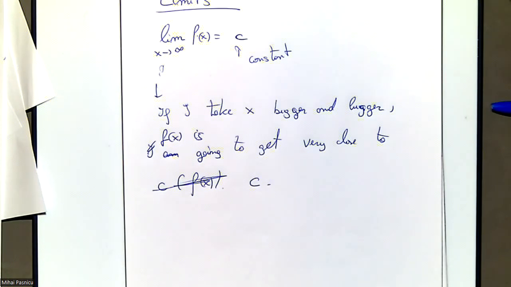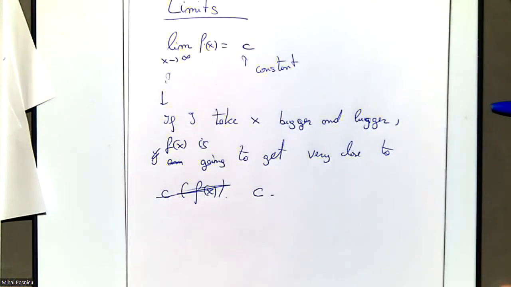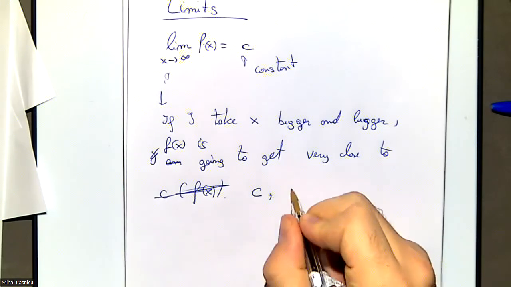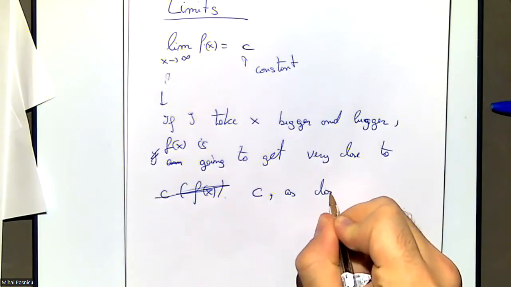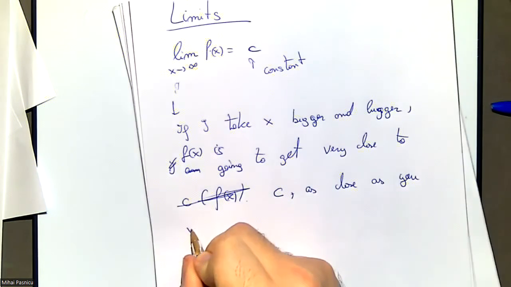This is literally the formal definition, just written in simpler language. So when I have the limit of x going to infinity of f of x equal to c, it means that if I take x bigger and bigger, f of x is going to get very close to c, as close as you want.